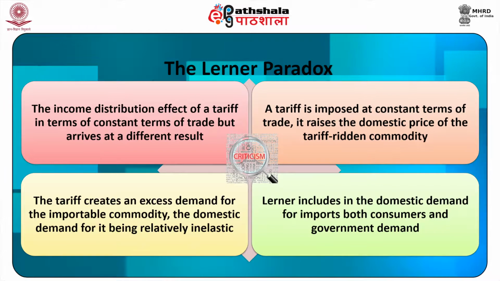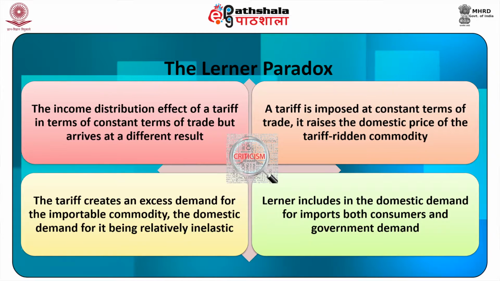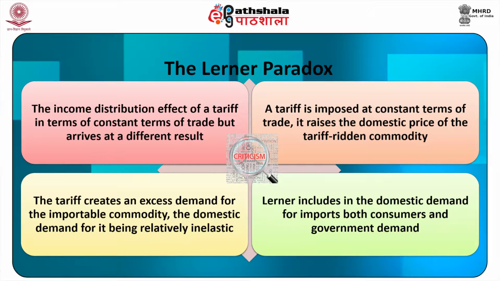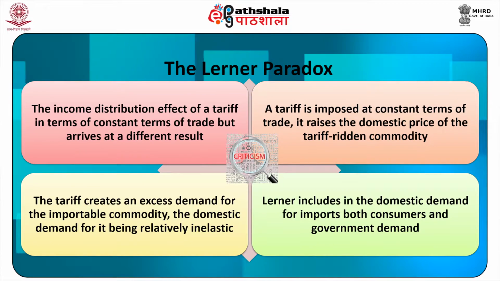This is because the tariff creates an excess demand for the importable commodity, the domestic demand for it being relatively inelastic. Lerner includes in the domestic demand for imports both consumers and government demand. It assumes that the government spends the entire revenue on the imported good.